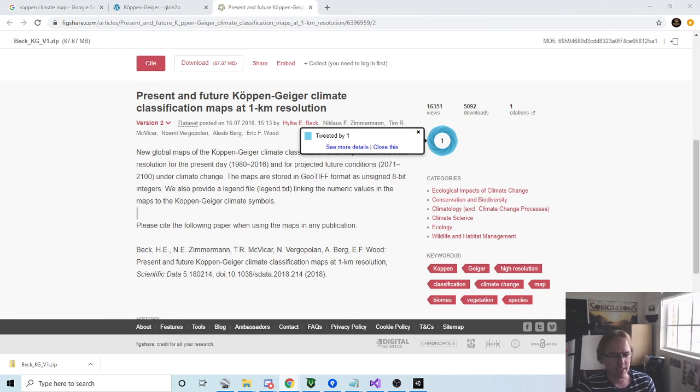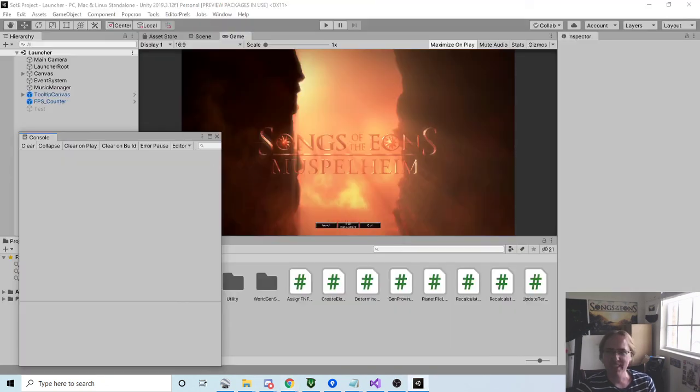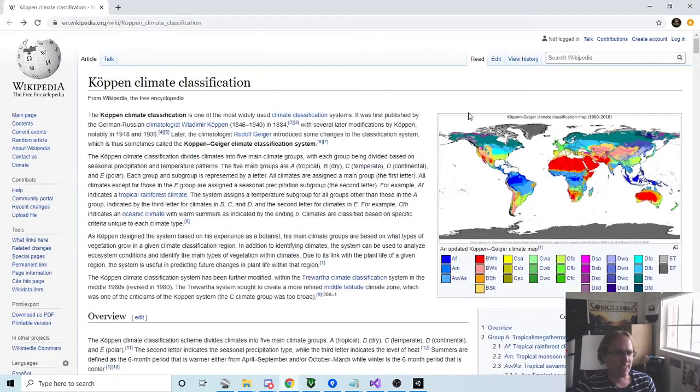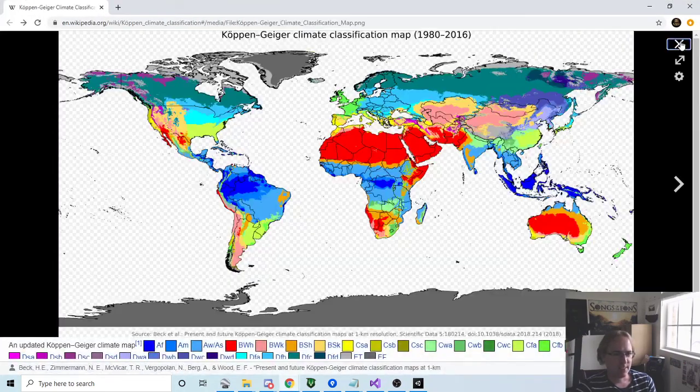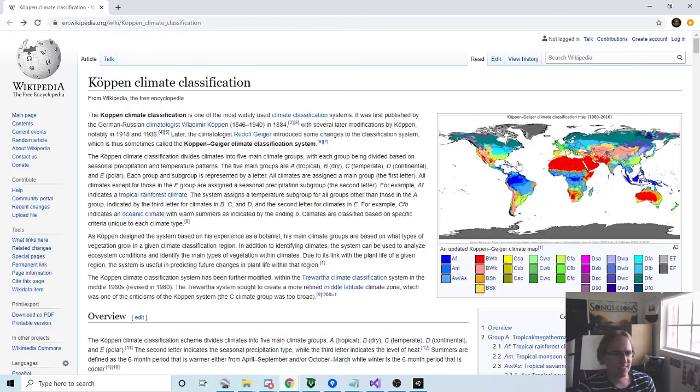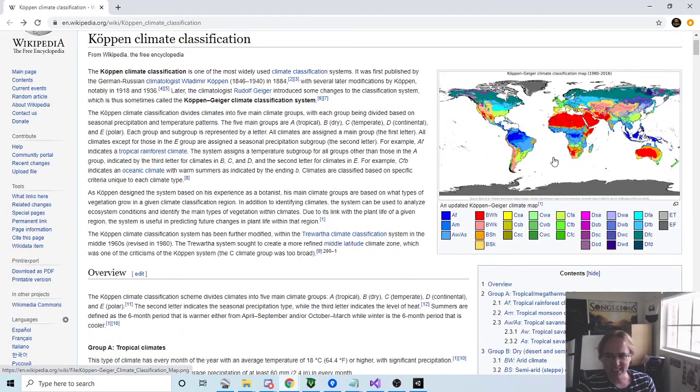Okay, I'm gonna crowdsource it. Can you guys go out and find a good candidate for me that looks like this, at high resolution, but also has the key. Memorize all the colors.